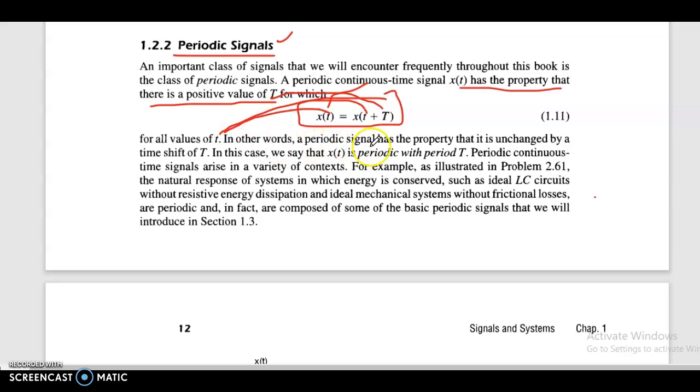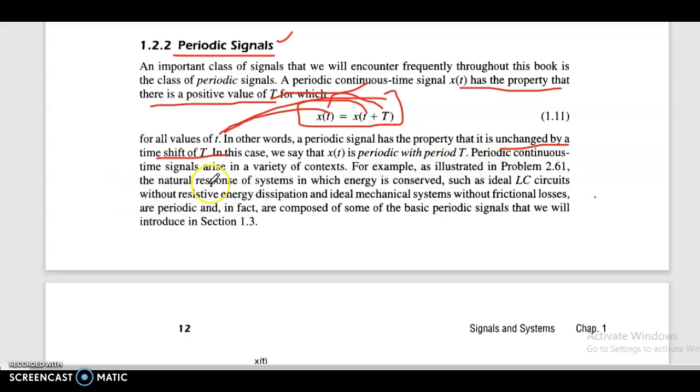In other words, a periodic signal has the property that it is unchanged by a time shift of T. In this case, we say that x of t is periodic with period T.